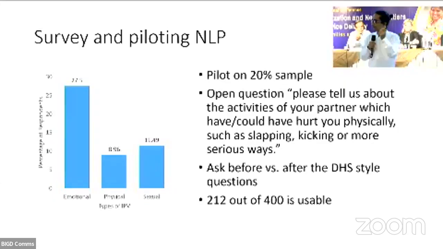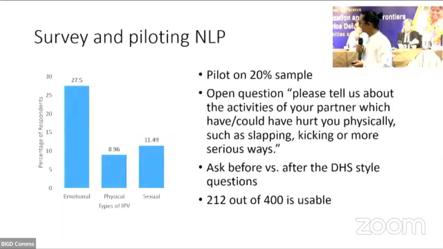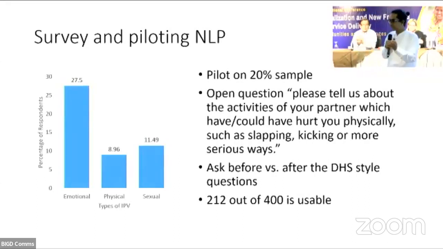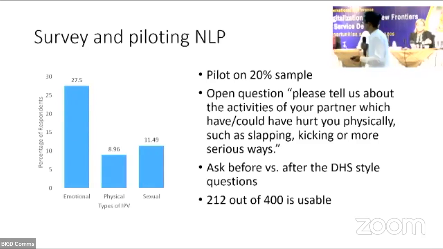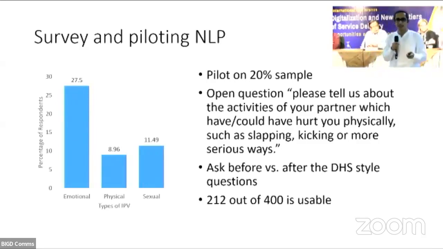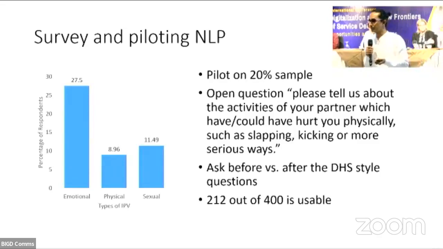And already a first lesson before we did any data analysis: despite all of the knowledge that was created through the BIGD work and training, and we actually did a far smaller pilot just for data collection with a dozen respondents so that we have better recording, less interruption, despite all of that, we could actually use only 212 out of the 400 observations.